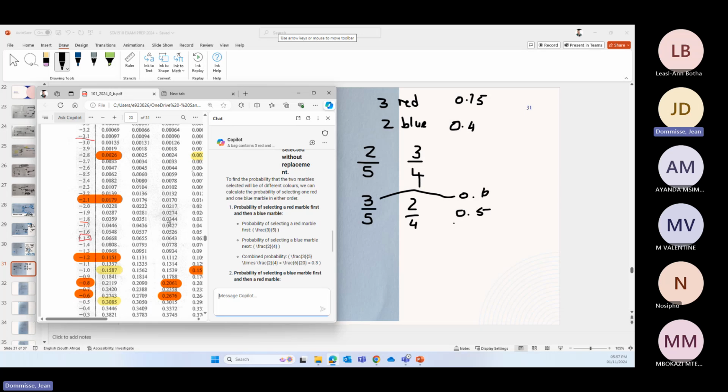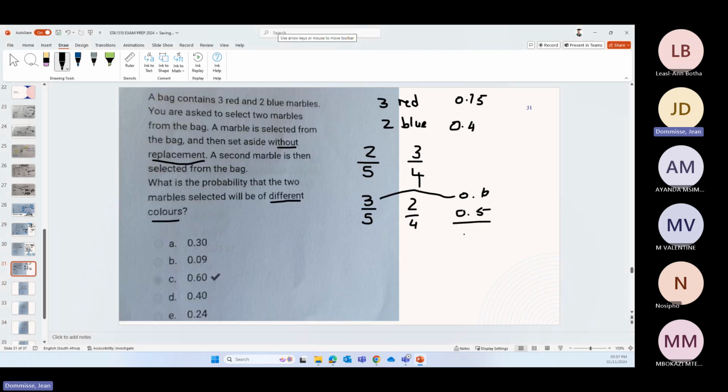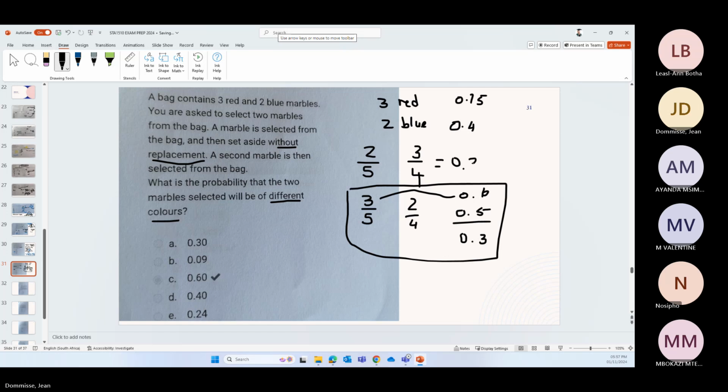Okay, so if we multiplied those two, we would have gotten 0.3. And if we multiply 0.4 times 0.75, we also get 0.3. And then that plus that gives us 0.6.